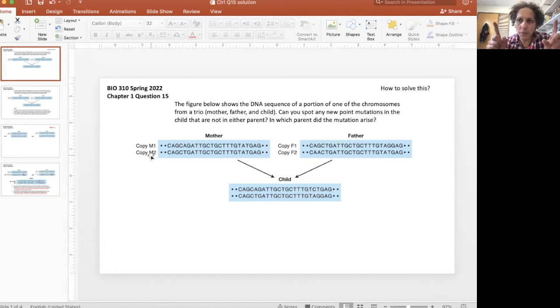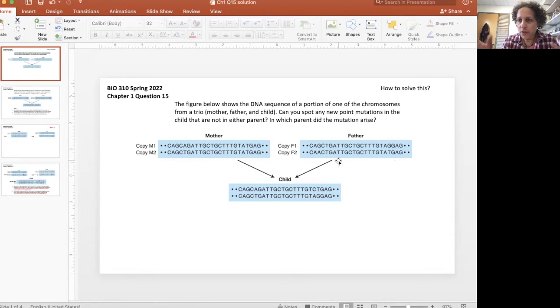So we're looking at a homologous piece of DNA on two separate chromosomes, so we're looking at alleles of a specific DNA sequence. If this is a gene, then we're looking at two different alleles of this gene. And we know they're different because if you look close, you can see there's one SNP right there between those two sequences. Same thing with the father.